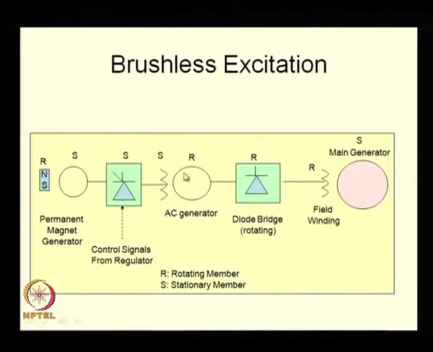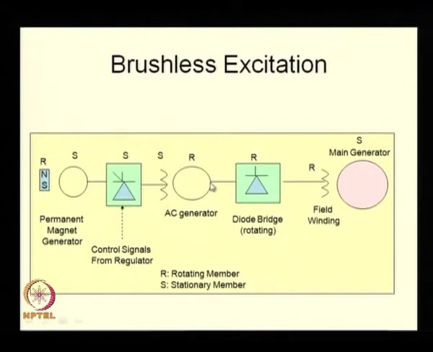So, the 3-phase armature windings are in fact on the rotor of this machine. This is called an excitation system generator. The output of this synchronous generator is 3-phase AC.